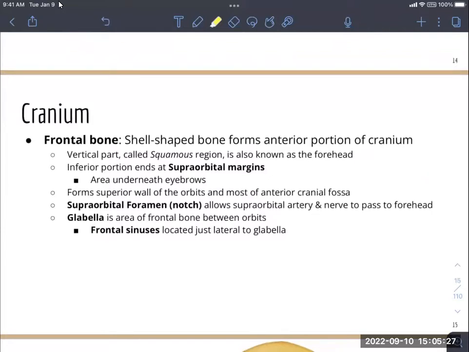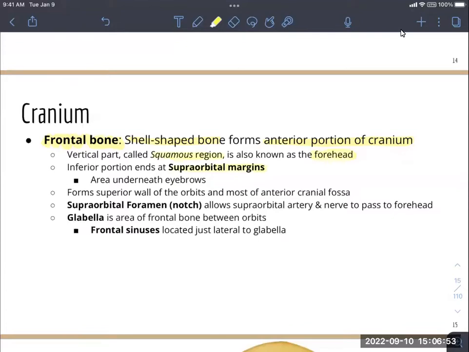The frontal bone. That frontal bone is kind of a shell shape, and it forms the anterior part of the cranium. There are different parts to the frontal bone. We have a squamous region. That's your forehead. On the bottom part of the frontal bone, we have supraorbital margins.